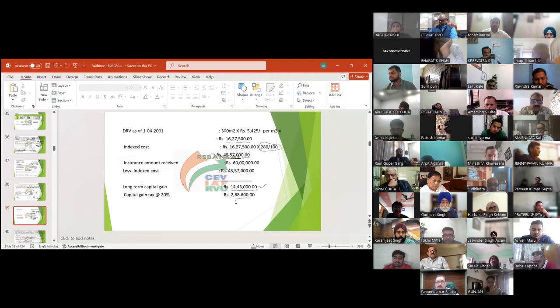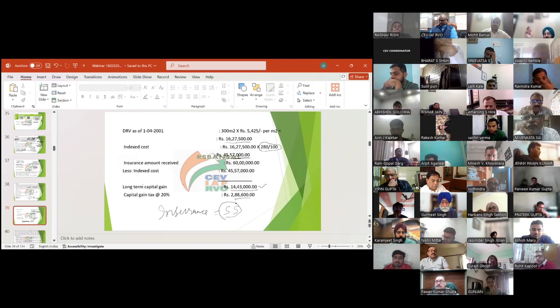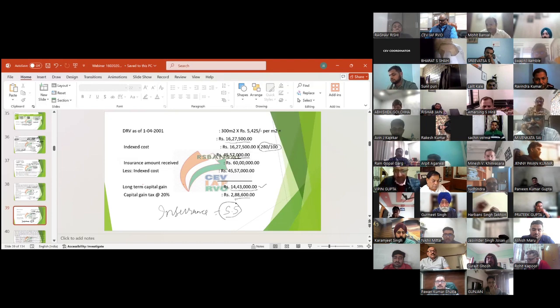And of course, in the case of insurance, you have to take only the superstructure part; the foundation and land part are not taken into consideration. Only the superstructure part of the building is taken. We may subtract 10% for the foundation part also if you consider fit.